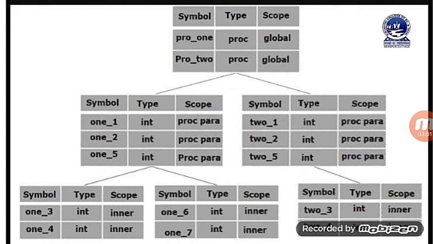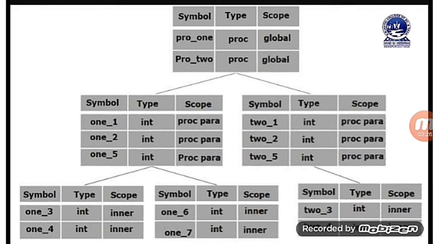Here you can see that pro 1 type is proc, meaning procedure, and scope is global. Pro 2 type is proc, meaning procedure, and scope is global. Then at the next hierarchy, we have used two different symbol tables, one for pro 1 and the second for pro 2. Let's start the discussion about pro 1, then we will go to pro 2.